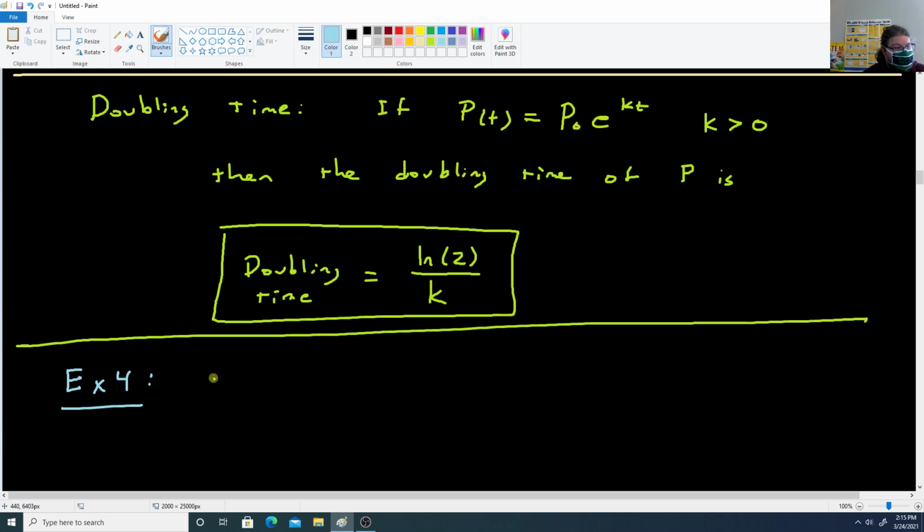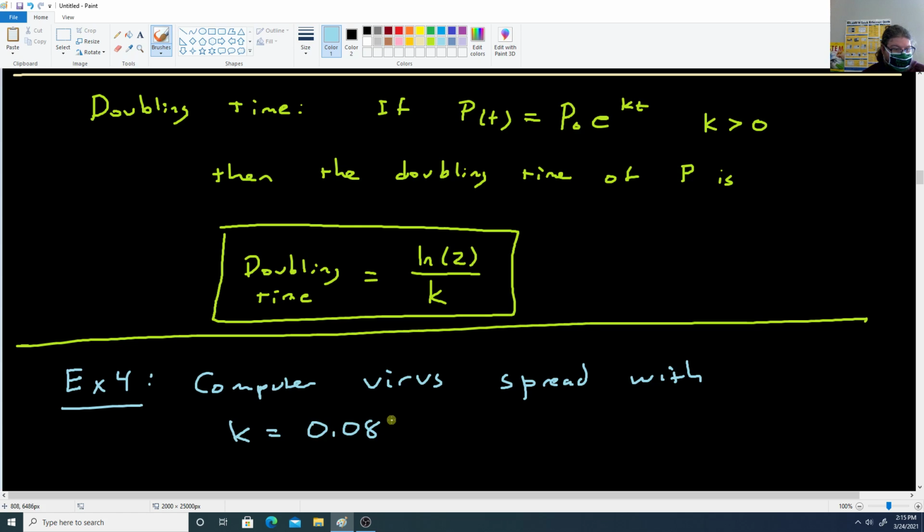So we say computer virus spread with k equal to 0.0815. I guess we could say inverse seconds. And then we want to say what's the doubling time of the virus.